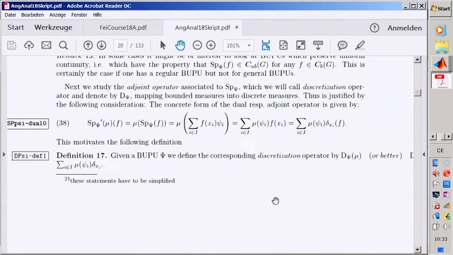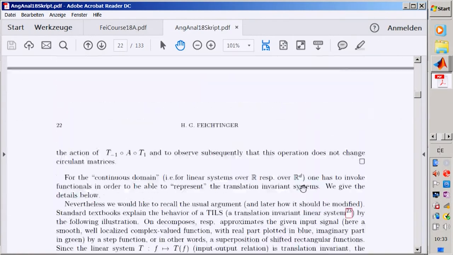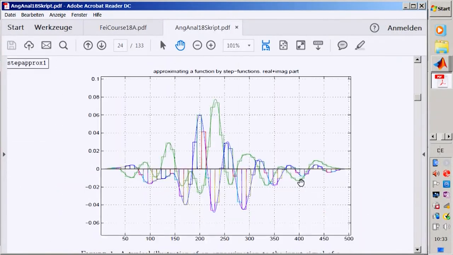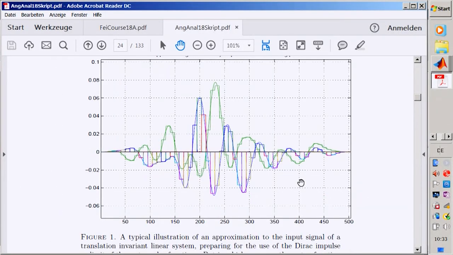Now let me see. I was checking in my notes. There are 2 pictures which are typical for engineering textbooks. Maybe I should redo this because I'm used to having complex valued functions. Therefore, you see 2 functions, the real part and the imaginary part of some band limited signal. So I was trying to take a function which is not too bad, not too rough.